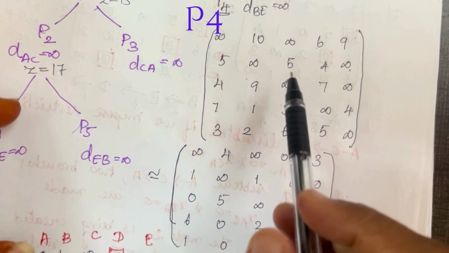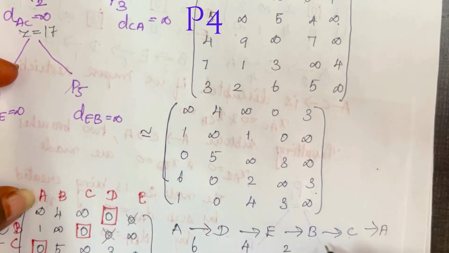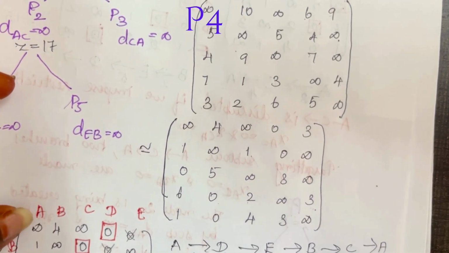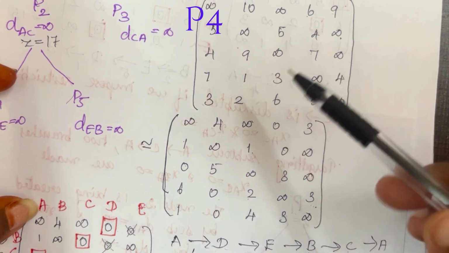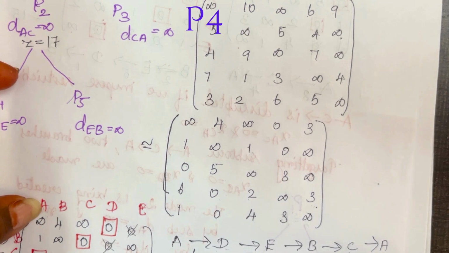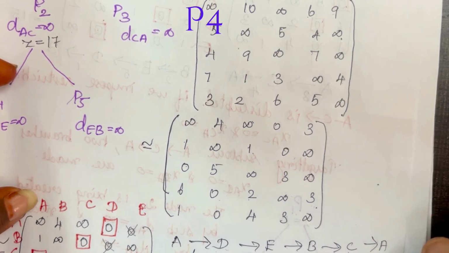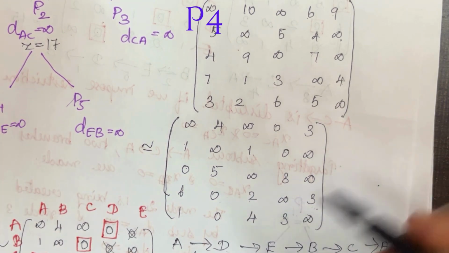Sorry, B to C is 5, and C to A is 4. So I think everything has been noted down.